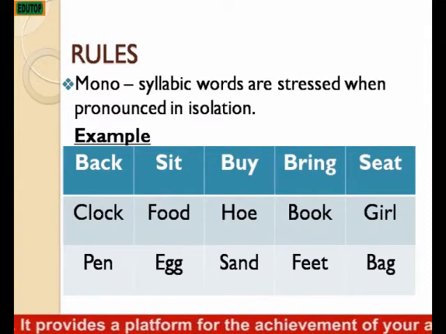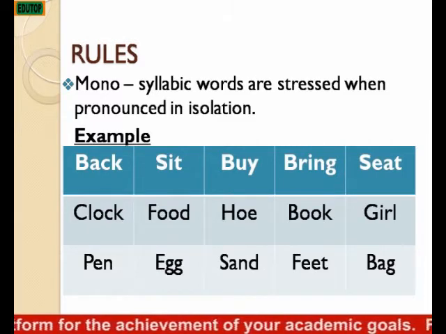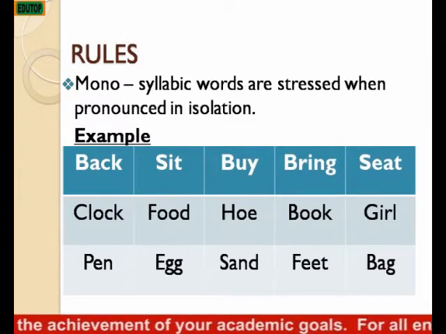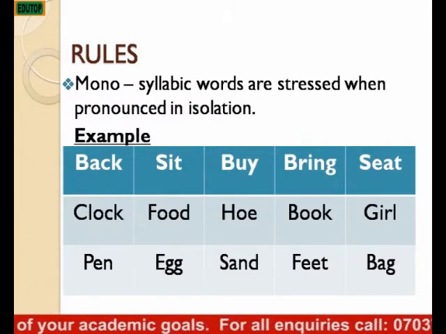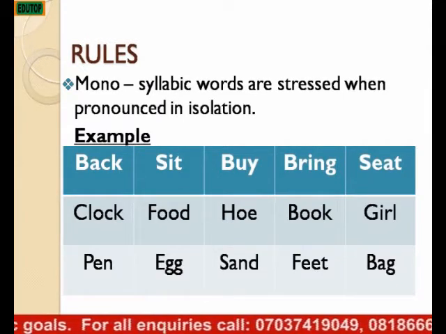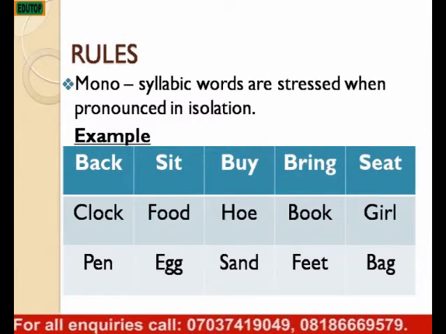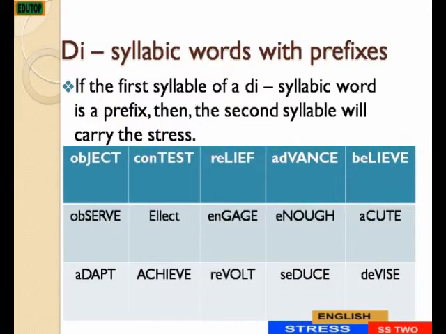Examples include words like back, clock, pen, seat, food, egg, buy, hoe, sand, bring, book, feet, sit, girl, bag, etc. You will discover that all these words have just one syllable, and so they are stressed as a whole when they are in isolation.